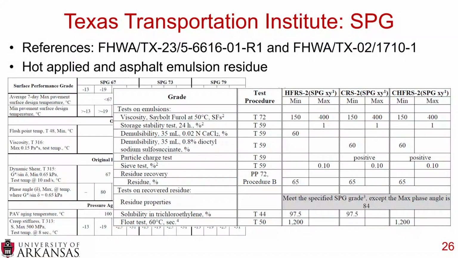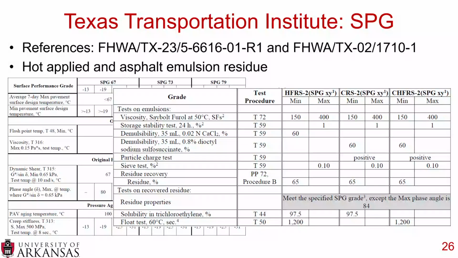So if you look on the left, you can see phase angle delta max at temperature, where G star sine delta equals 0.65 kilopascals. It's the second to last row of temperatures. You can see there's a 67 above it, and then it says 80 for the phase angle. That is an 84 for these three emulsions.